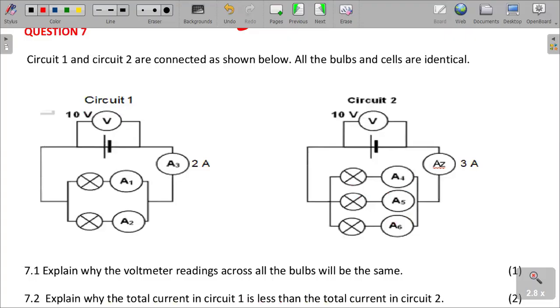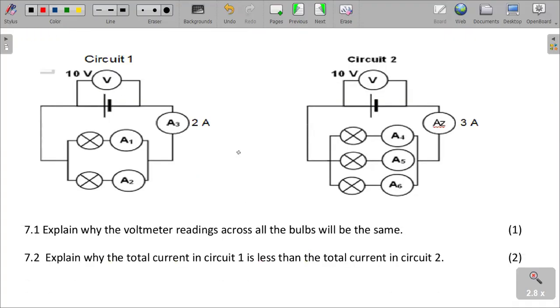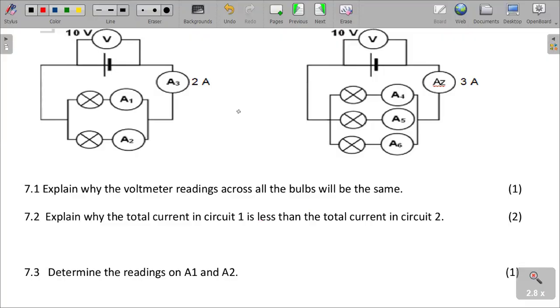We are given question 7: circuits 1 and 2 are connected as shown below. All the bulbs are identical. Explain why the voltmeter readings across all the bulbs will be the same.